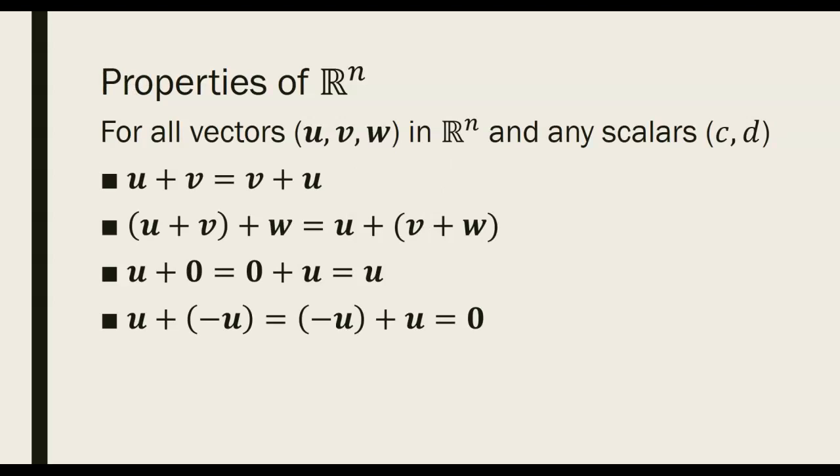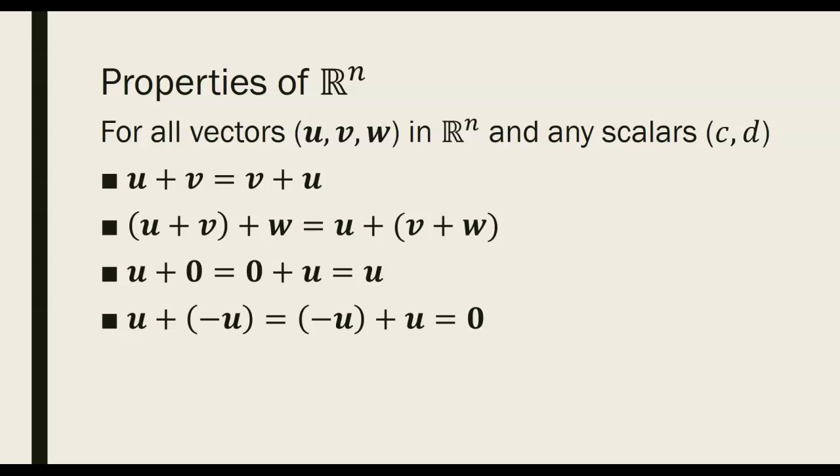Now let's think of when we deal with these operations of vector addition and scalar multiplication, it turns out a lot of the properties that we're going to be using are going to be properties from the real numbers, because really adding vectors is just adding different entries of real numbers, right?